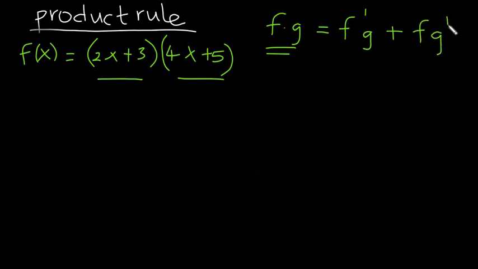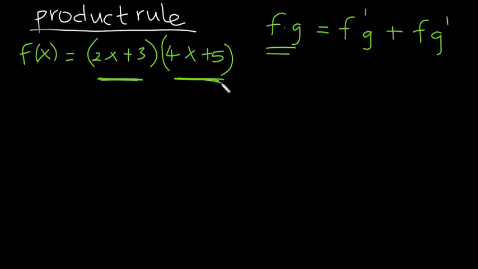So what is f prime and what is g prime? f prime is the derivative of f, just the f part, and g prime is the derivative of this second part.